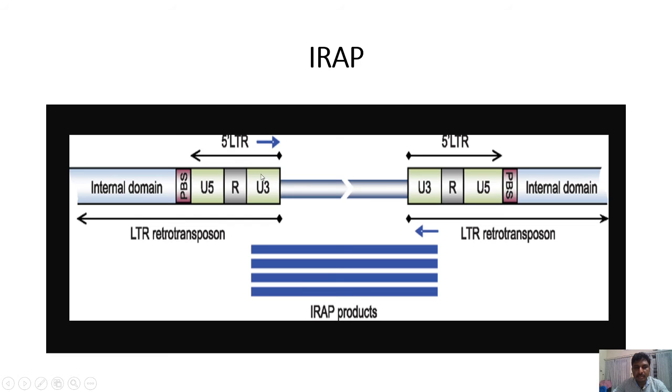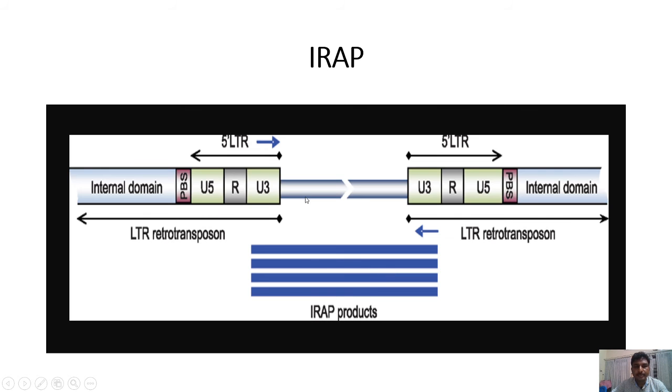One recognizes this LTR of the retrotransposon, and the other, the blue one, recognizes the other LTR. So the region between these two LTRs will get amplified. This is the amplified product, the IRAP product.